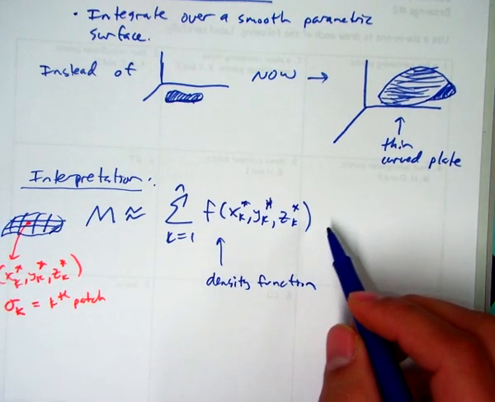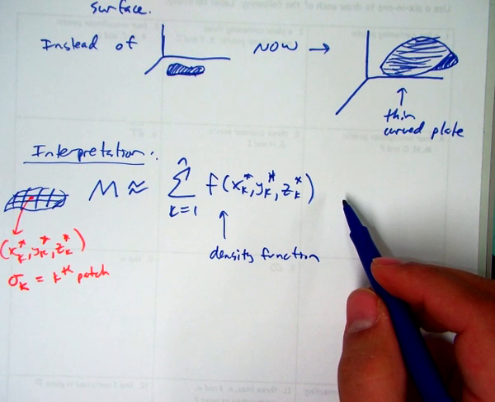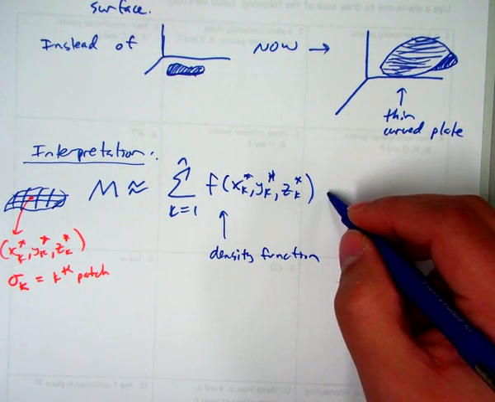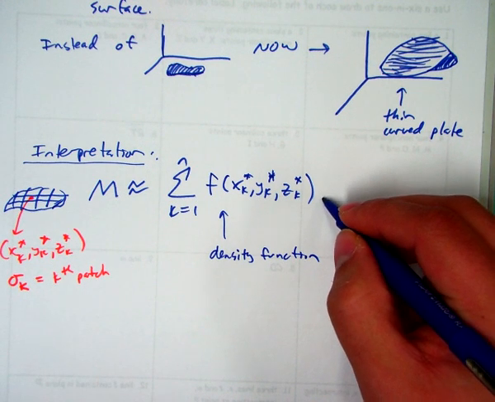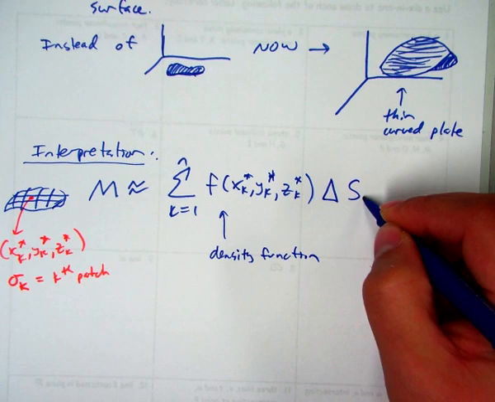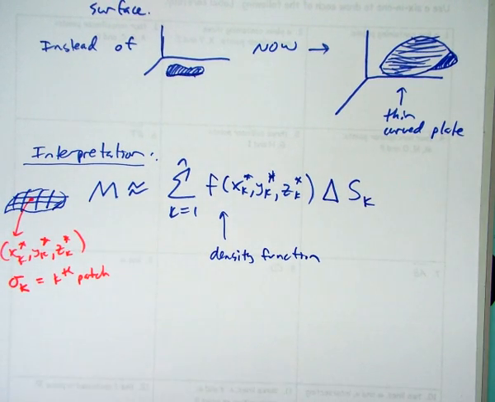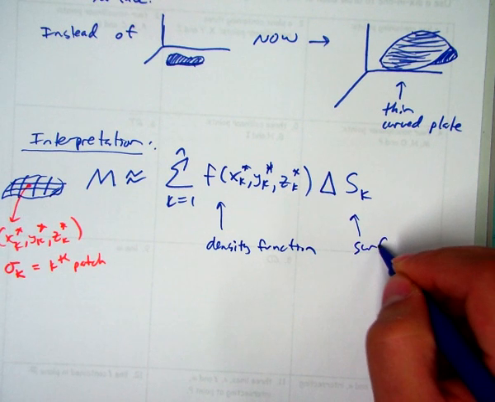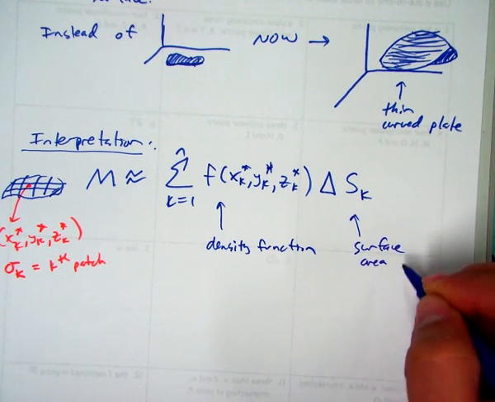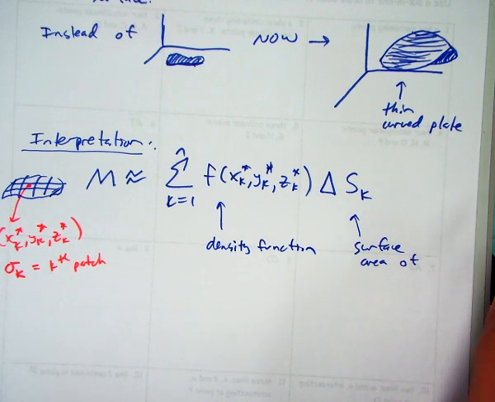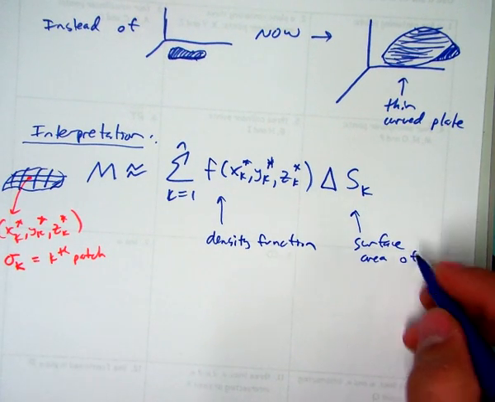And now, in 14.8 we had an area. This is where the dA came from. Instead of calling this delta A sub k, I'm going to call this delta capital S sub k. And this again will denote the surface area of each patch.